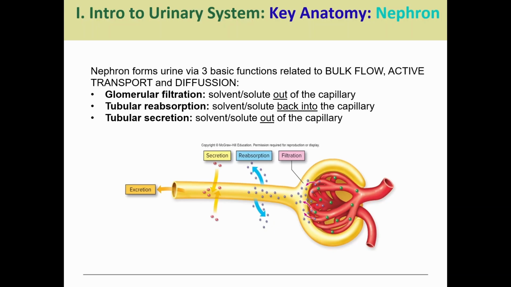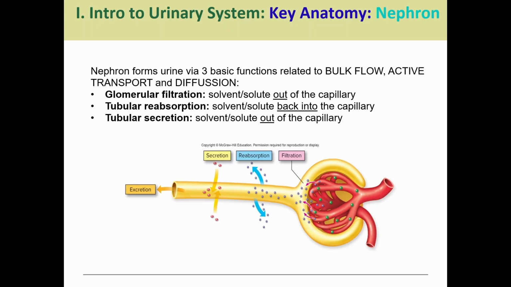But the 3 steps of forming urine are glomerular filtration, tubular reabsorption, and tubular secretion. Now I'm just going to call them filtration, reabsorption, and secretion because, as you can imagine, these steps are a mouthful. But for right now on this slide, I'll use their full names.